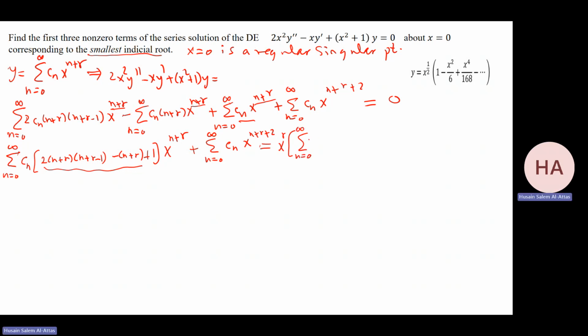I have Cn times 2(n plus r)(n plus r minus 1) minus n minus r plus 1, x to the power n, plus summation n equals 0 to infinity Cn x to the power n plus 2.